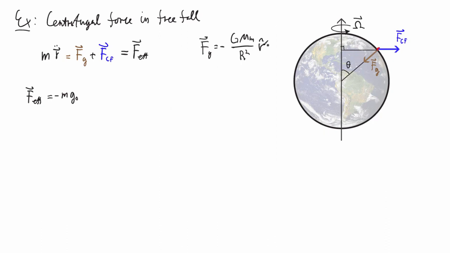That's the direction away from the center of the Earth. So write that as minus mg naught r hat. And I'm going to explain why I'm using g naught instead of g here in a second. Right. So this is minus mg naught r hat, and then we add in the centrifugal force.